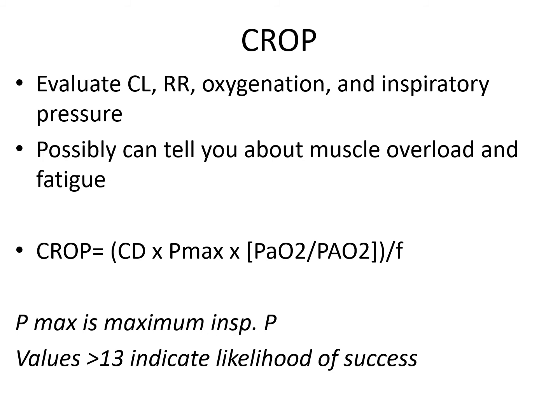Okay. In this case, the P max is your actual maximum inspiratory pressure. Okay, and then F being your frequency, or respiratory rate. You're looking at your PaO2, your arterial partial pressure of oxygen, divided by your PAO2, your big A O2, which you figure out by multiplying your FiO2 times your barometric pressure.